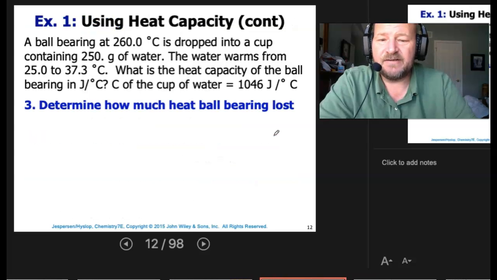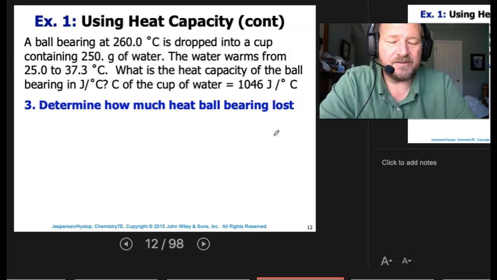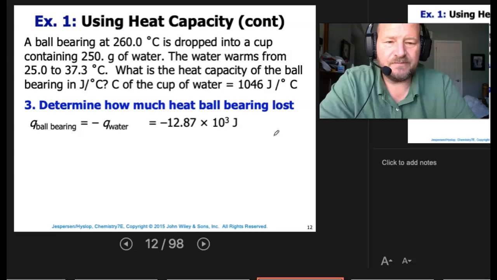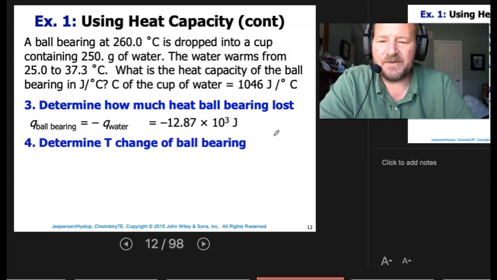Next, we want to determine how much heat the ball bearing lost. Well, we know that the Q of the ball bearing would equal the negative Q of the water. So that means negative 12.87 times 10 to the 3 joules, right? Now we want to determine the temperature change of the ball bearing. Delta T for the ball bearing.